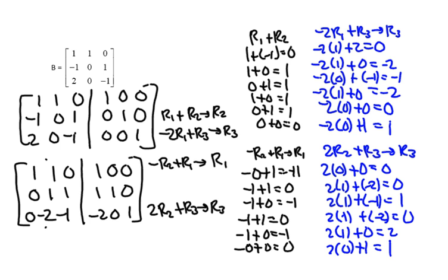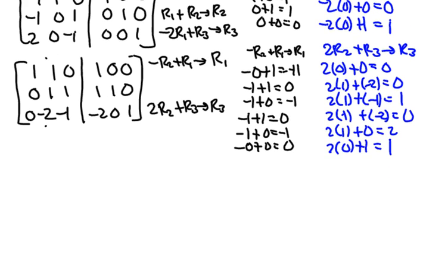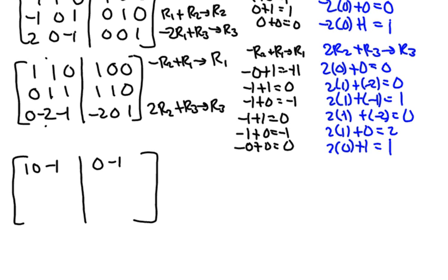All right, so now I'm going to write my new matrix below. Okay, so my new row 1, row 2 stays the same, and my new row 3. Now, column 2 is done.